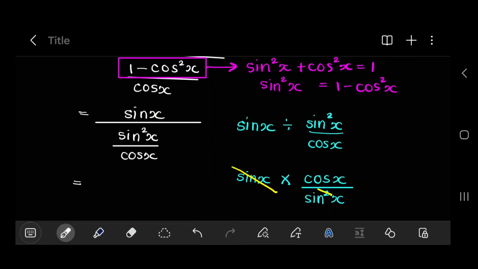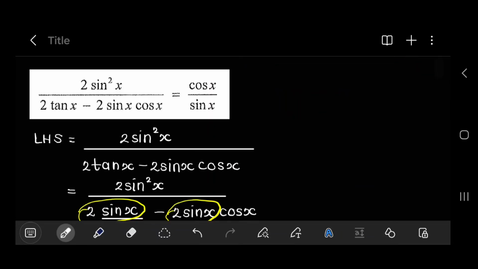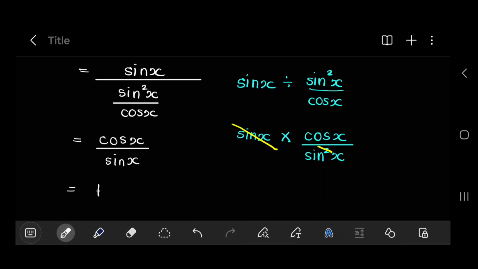So that is our next step. This entire fraction has simplified to cos x over sine x. And if we have a look at the right-hand side in the given question, that is actually what they needed. So now we can conclude and say that it is equal to the right-hand side.